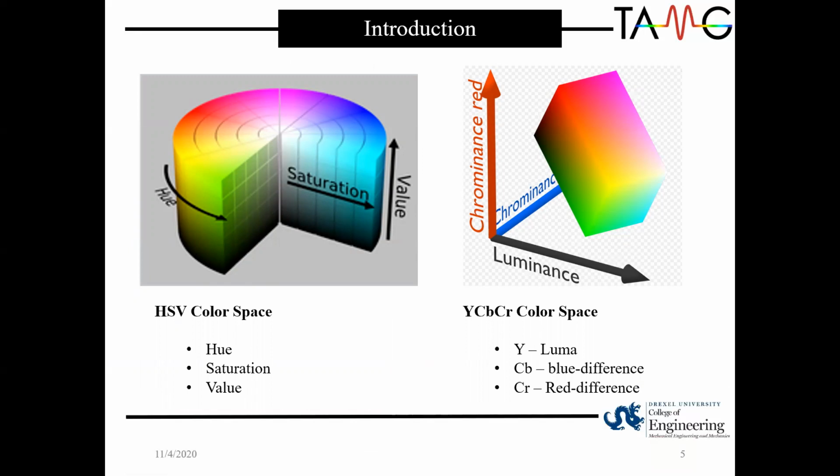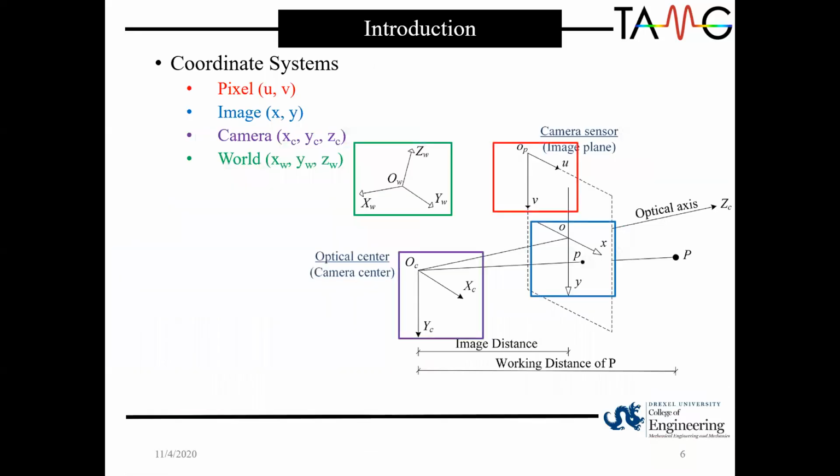Outside of just the color spaces, we also should understand that each one of these images contains within itself coordinate systems. So you have the world coordinates, where basically wherever your camera is imaging from, and then the image that you're taking gets registered onto your camera sensor plane. And we're going to break into this when we go through the pinhole camera model.